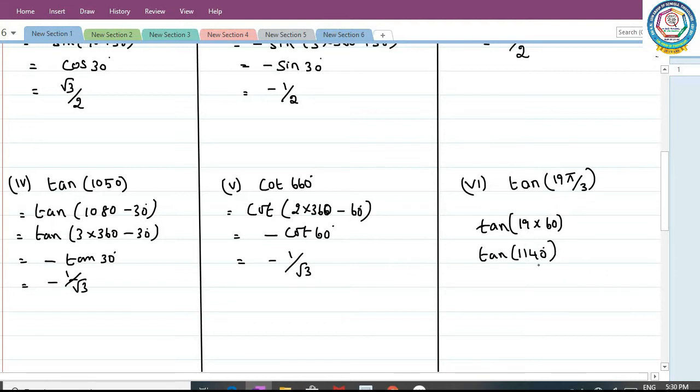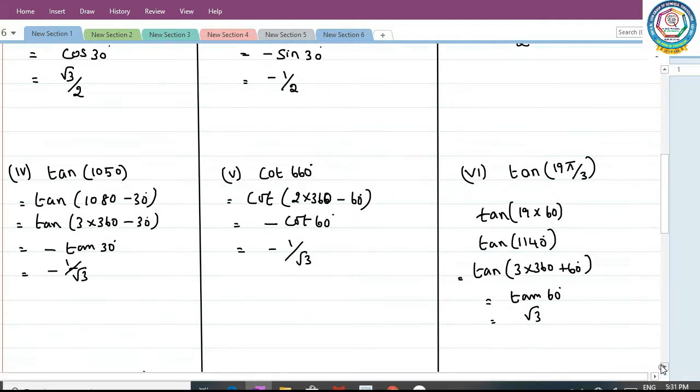How am I going to find the value of 1140? I am going to split it as tan of 3 into 360 plus 60. We know that tan 360 plus theta is equal to tan theta. So tan 60. What is the tan 60 value? That is equal to root 3.